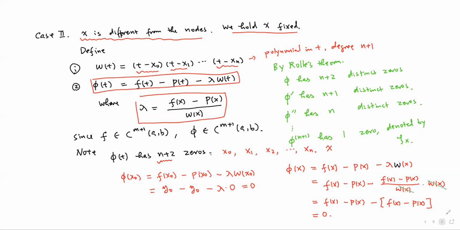So we get f^(n+1)(t), then minus the polynomial differentiated n plus 1 times, and then minus lambda, a constant, times omega differentiated n plus 1 times.